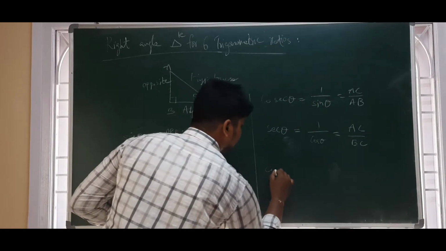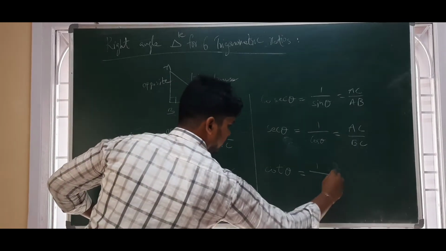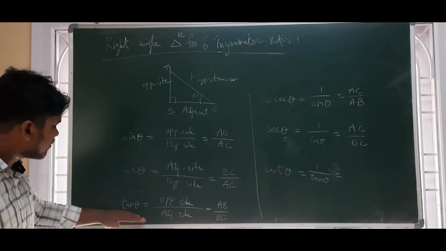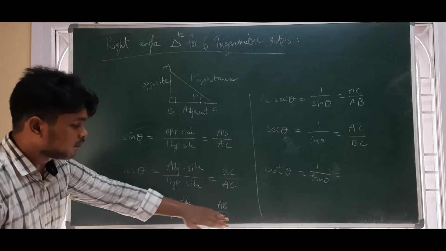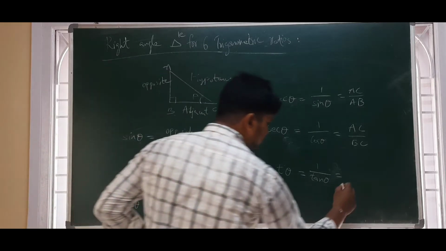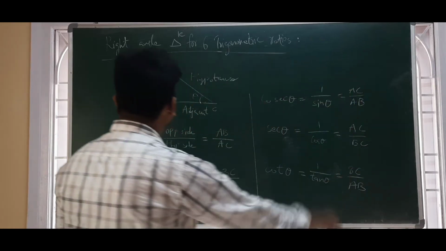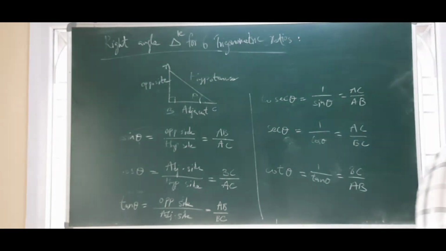And finally, cot is reciprocal of tan. What is reciprocal of tan? Adjacent side by opposite side, which means BC by AB. This is about the right angle triangle concept applied for 6 trigonometric ratios.